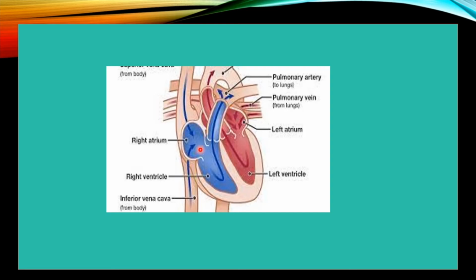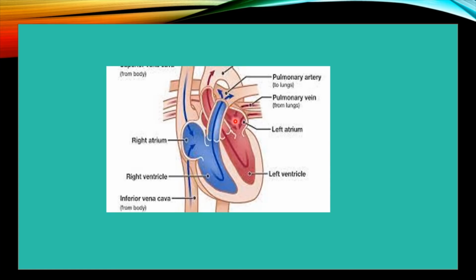Now see, this is the flow of blood. I told you, from various parts of the body the blood is coming to the right atrium. From the right atrium, it is coming to the right ventricle. From the right ventricle, it is going into the major artery, that is the pulmonary artery. The pulmonary artery takes the blood to the lungs for purification.